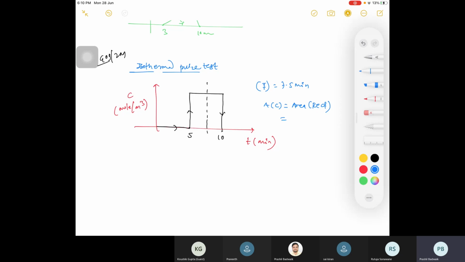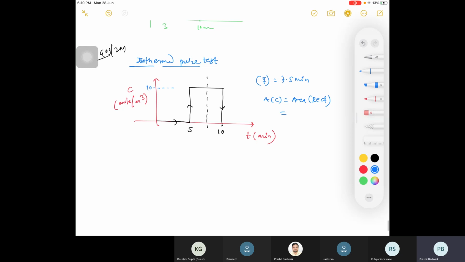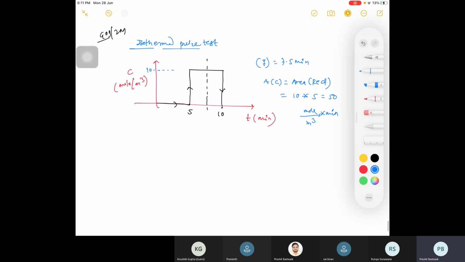On the y-axis you are having 10, I forgot to write. You will be having 10 into your 5. It is your 50 moles per meter cube into minute. Right? That is your area under the C curve.